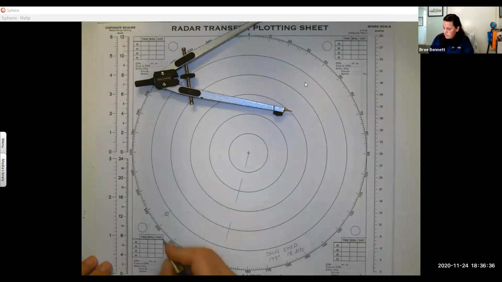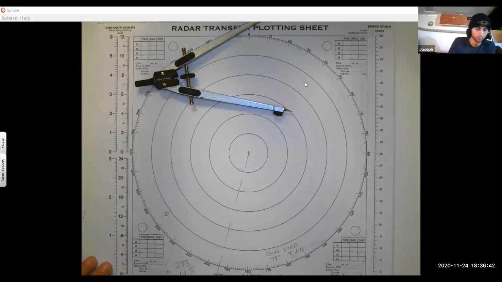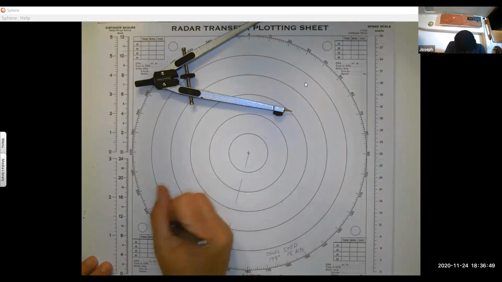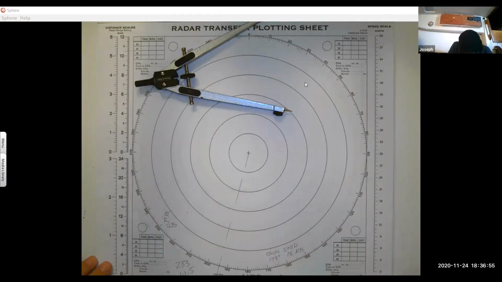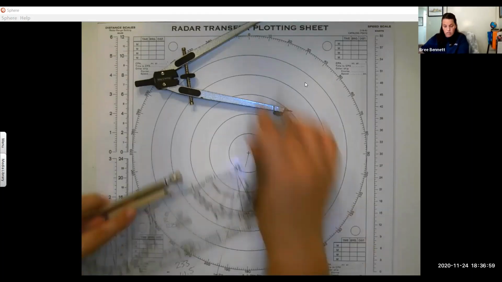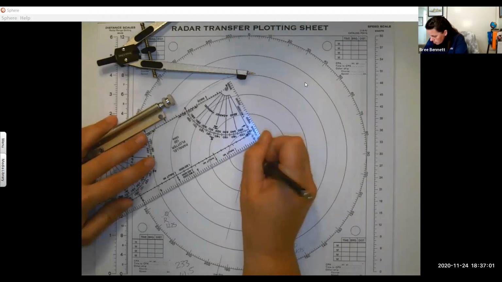That was 233 at 10.5. Okay. 233, 10.5. R, what was that, 1225. Then we had 234 at 8.7.